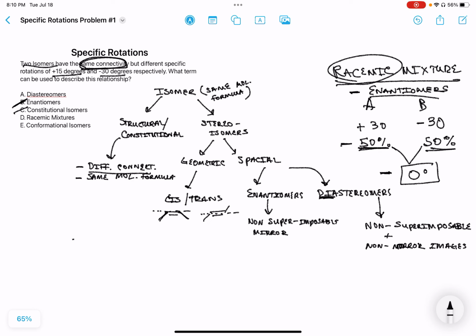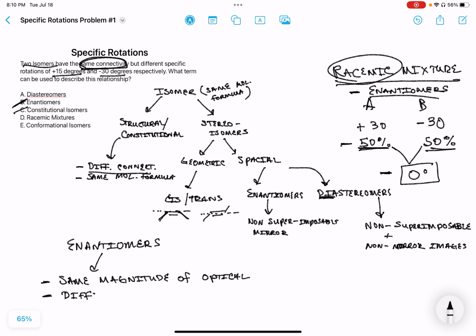Enantiomers would have the same magnitude of optical rotation but opposite directions.